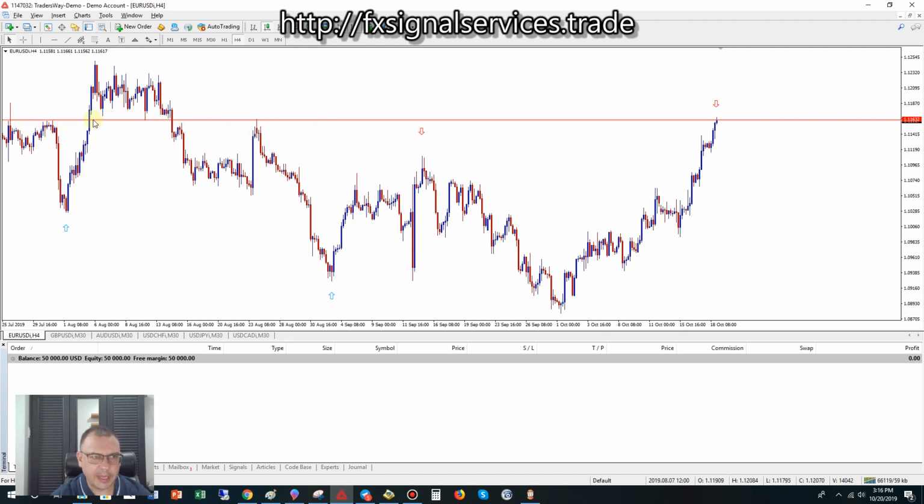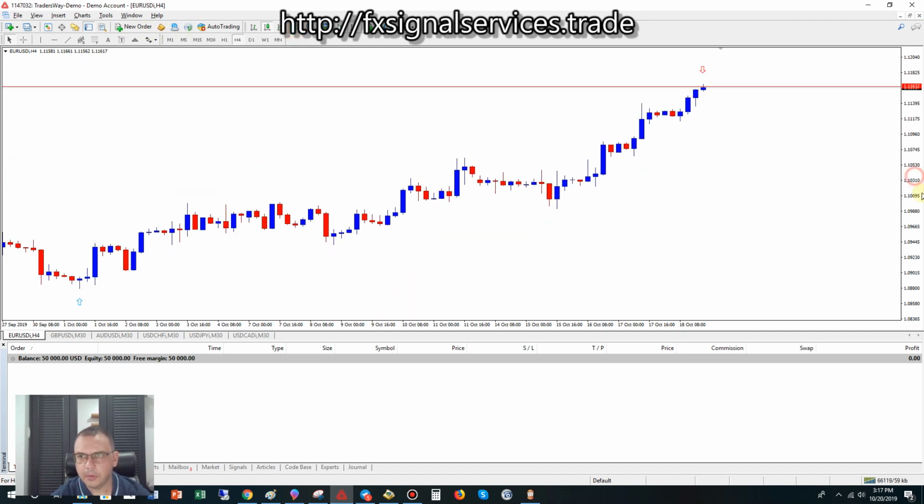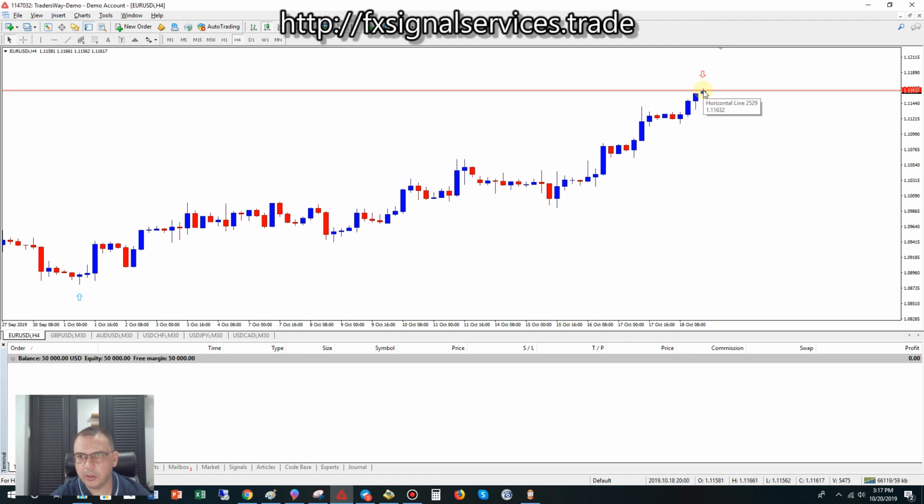It came up, broke the resistance right here, formed a support, bounced off of that, and then broke the support again, became a resistance, and is still a resistance till this moment. Now if you zoom in closely here, we see that it broke ever so slightly. So this is kind of a hint that it will continue to go up.